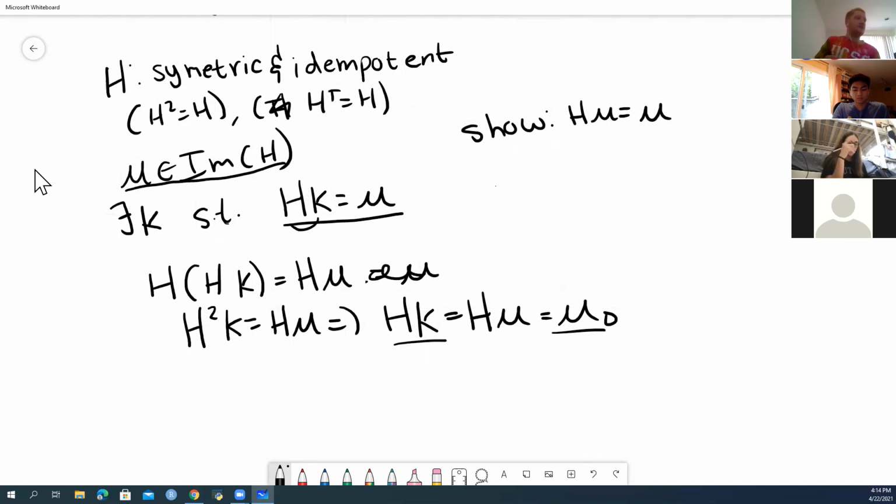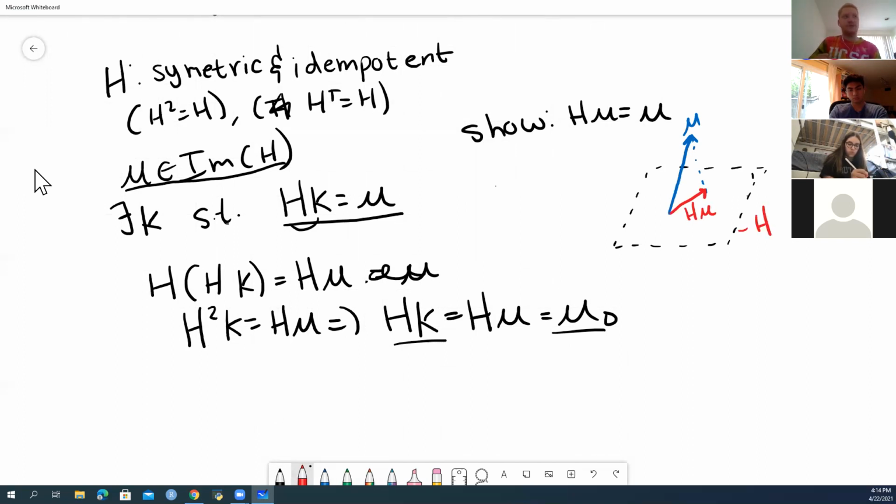And so remember, for any subspace, you can always imagine a projection matrix as follows: if this is your subspace, it takes your vector, no matter what it is, let's call this mu, and it projects it downwards. And then this becomes H mu. So a projection matrix will always come down to H mu.